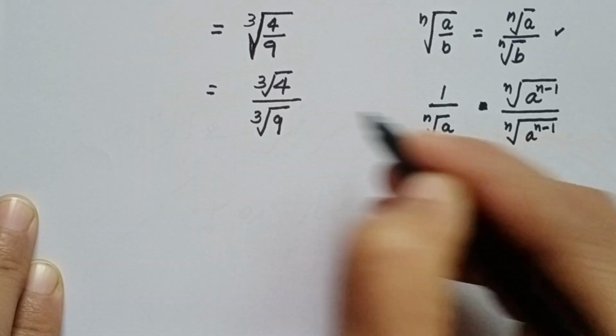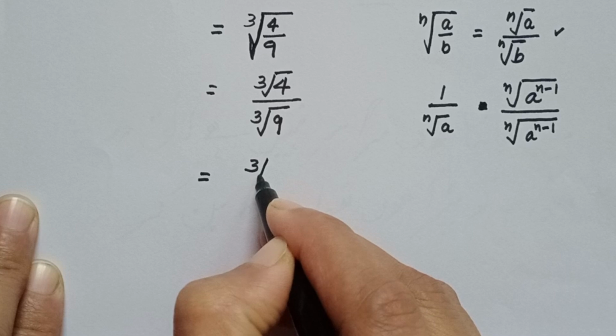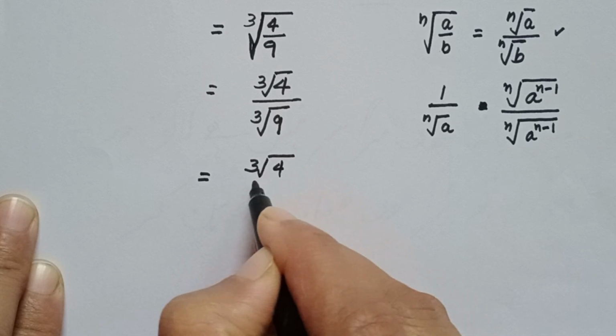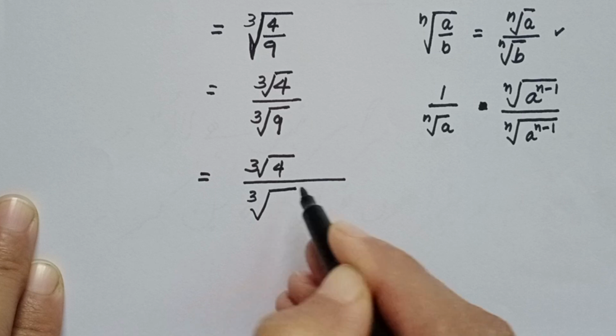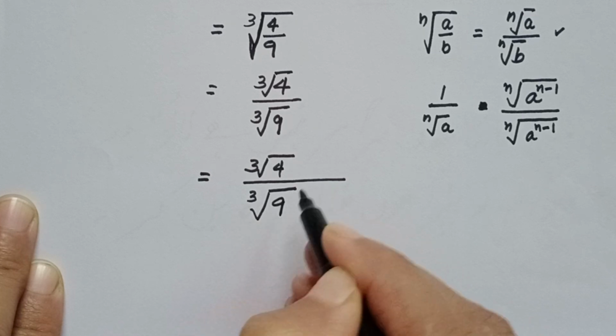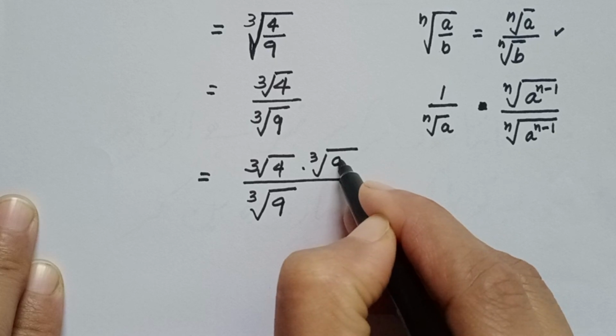So we will use this rule in the next step, and we can write the third root of 4 over the third root of 9 into the third root of 9 squared over the third root of 9 squared.